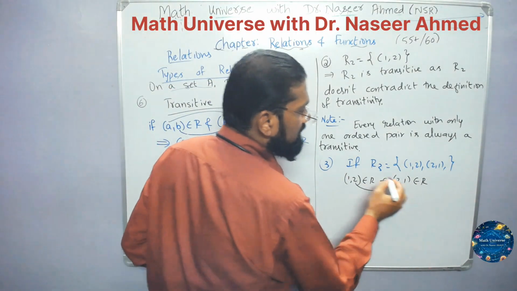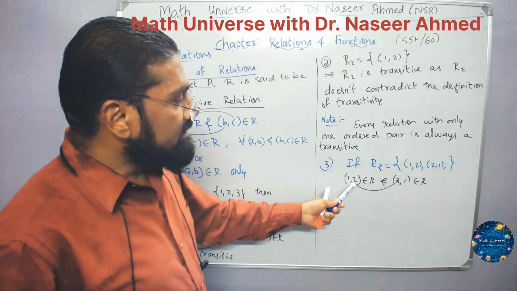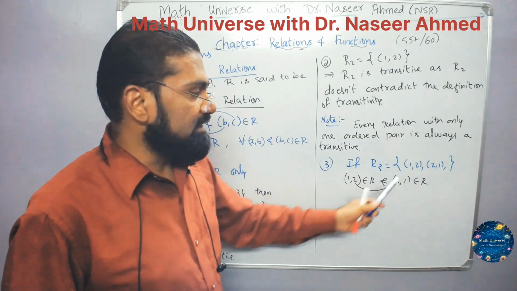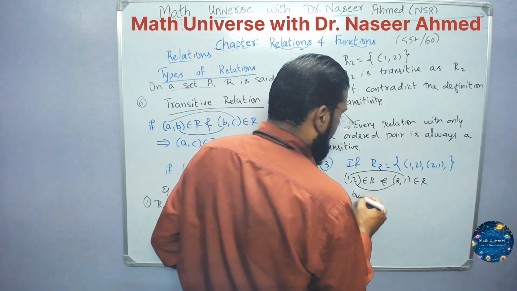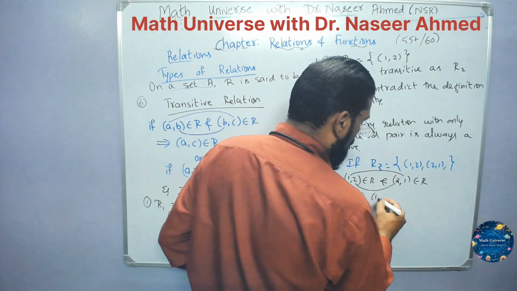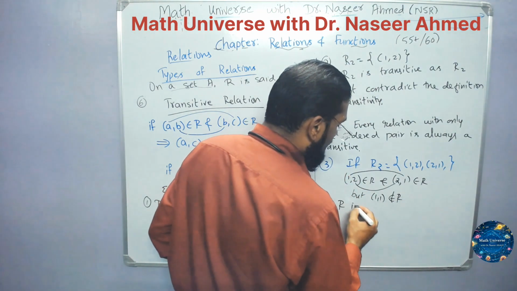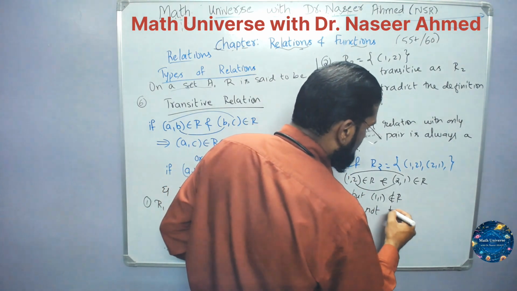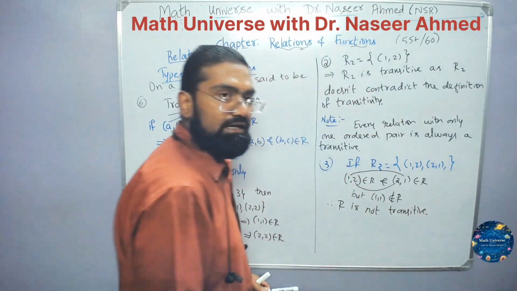I have got these two elements same: the second element of the first ordered pair and the first element of the second ordered pair are same. So we are in search of (1, 1). Do we have (1, 1) here? No. Therefore R is not transitive. I hope this is clear.